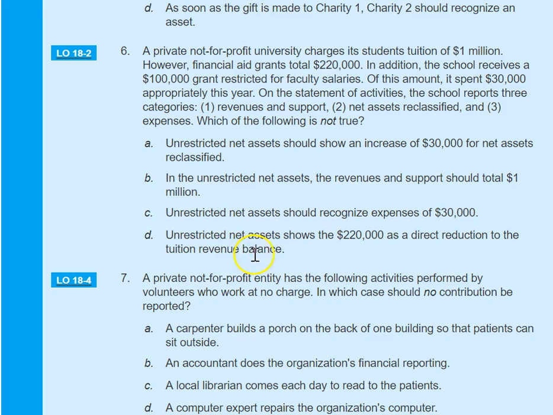Now number D, unrestricted net assets show the 220,000 as a direct reduction to the tuition revenue balance. Yes, we just discussed that this financial aid, which they give to their students, will be reduced directly from their tuition revenues. So C and D both are true. Only number B is not true. They asked for which one is not true, so the answer is B.